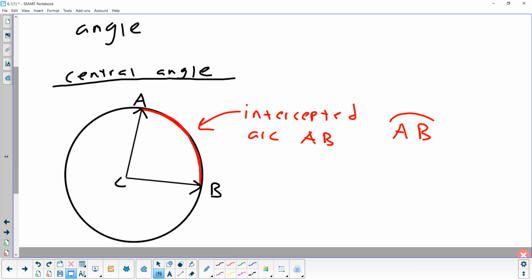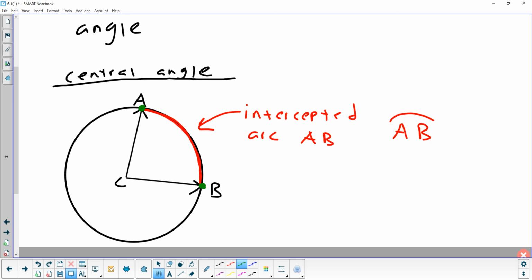So let's start with this picture. This is what we call a central angle. A central angle is just an angle where the vertex is the center of a circle. So I've drawn angle ACB. The rays CA and CB intersect the circumference of the circle at these two points, A and B. If you connect points A and B along the circumference, or along the perimeter of the circle, you get what's called an arc.